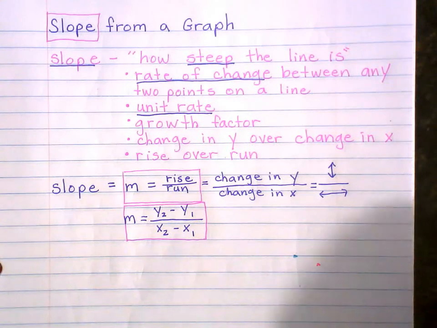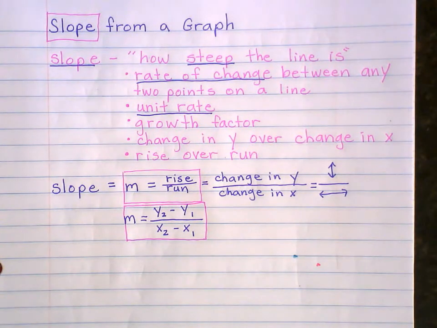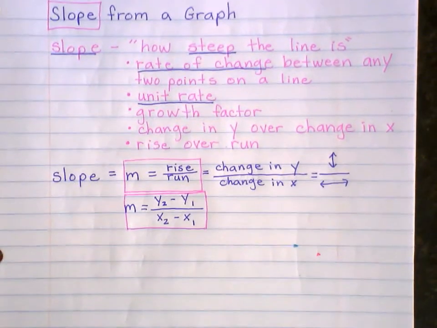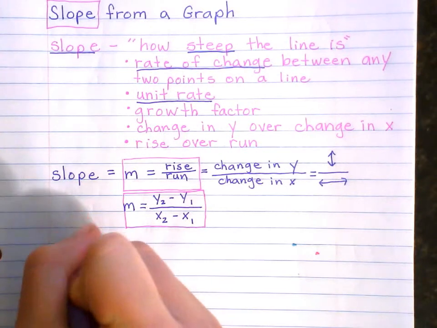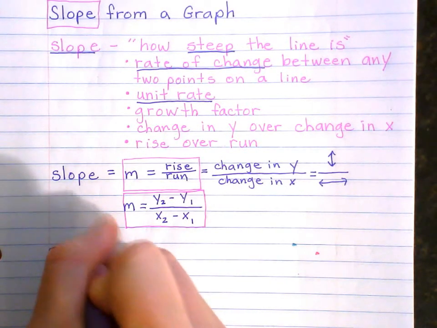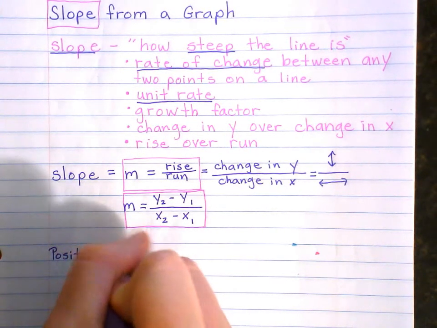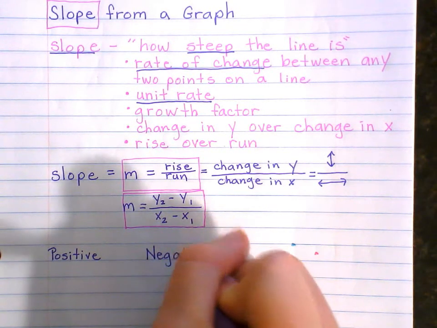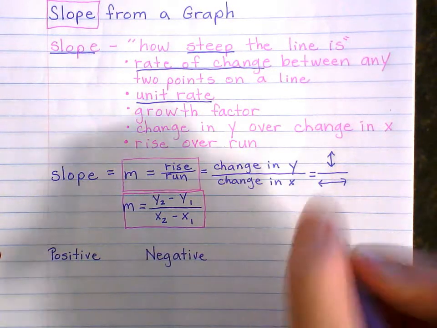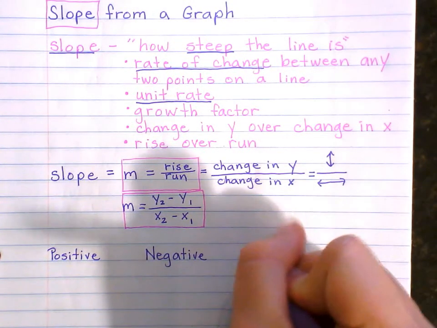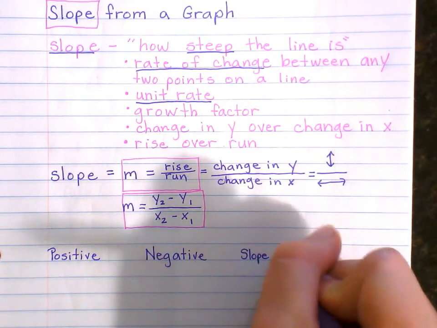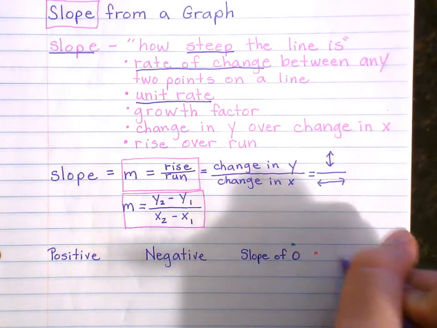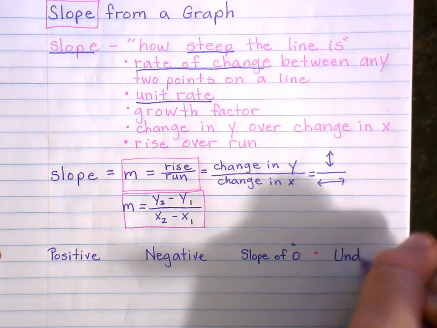All right, so the other thing I want you guys to see is we're going to talk about 4 different types of slope. So we have a positive slope, we have a negative slope, we have slope of 0, and we have undefined.